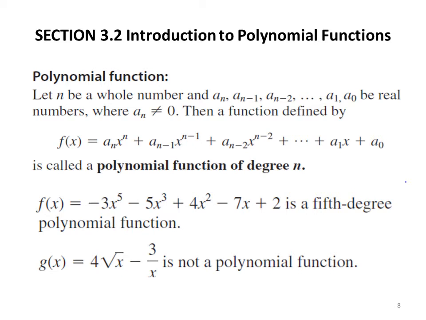This last equation, g(x) = 4√x - 3/x, is not a polynomial. A polynomial has only powers of x that are positive integers. It does not include powers that are fractions or negative powers. g(x) here is not a polynomial function.